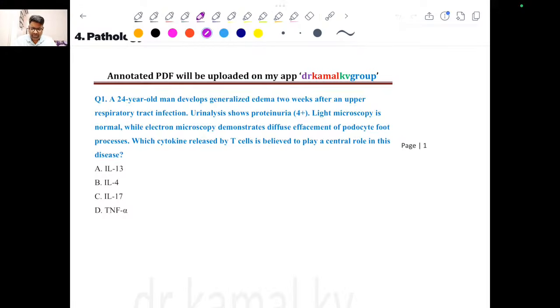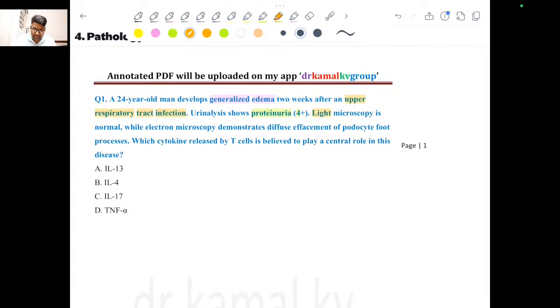Right. So starting with the very first question, here a 24-year-old male develops generalized edema, which happened 2 weeks after an upper respiratory tract infection. Urine analysis shows proteinuria 4 plus.